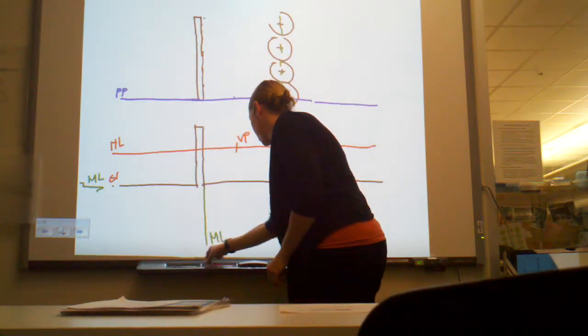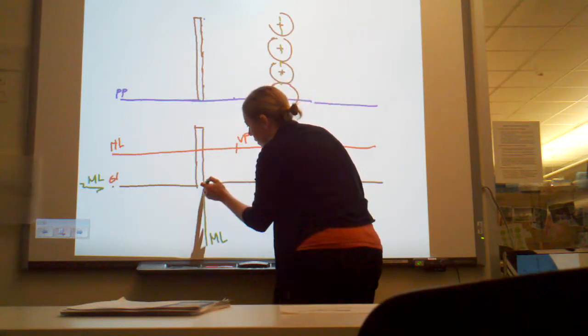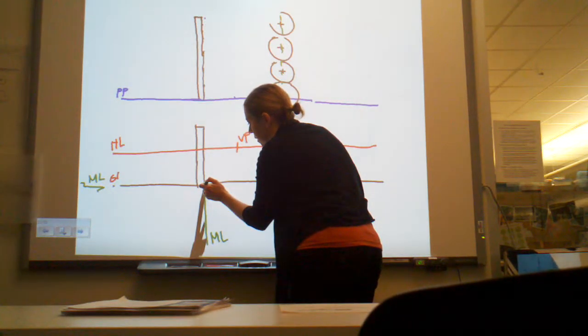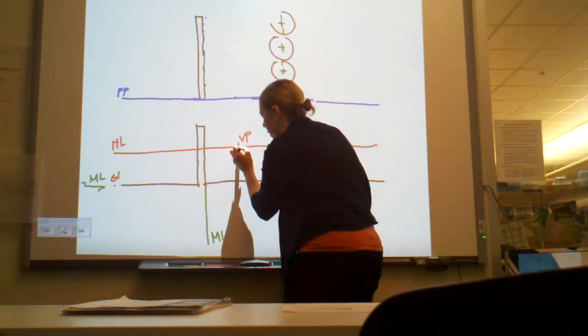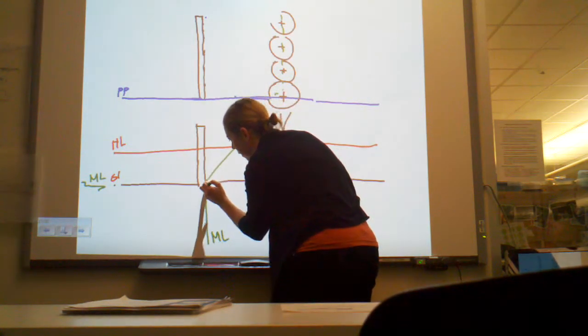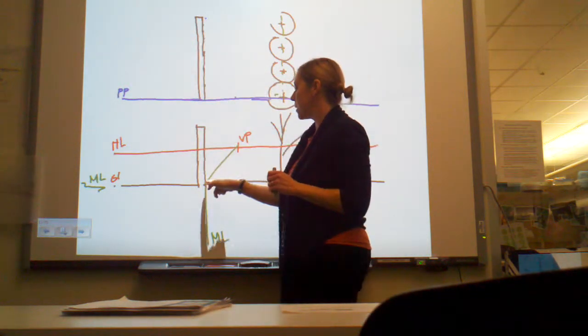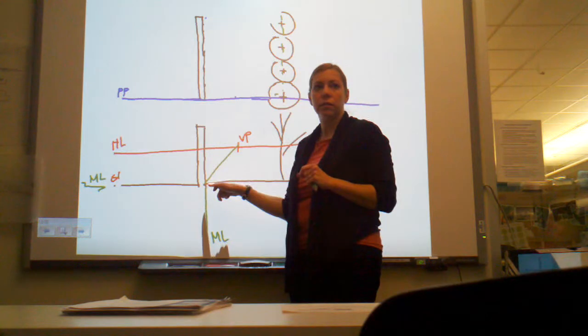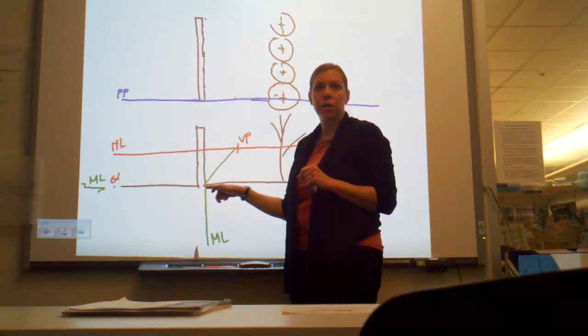I know that if this is here and it's going into my vanishing point, if I'm looking, I'm connecting that. So I know that this point is going to be somewhere on this line. Right, so I can draw that line. Brooke, are you with me? Yeah. Okay.